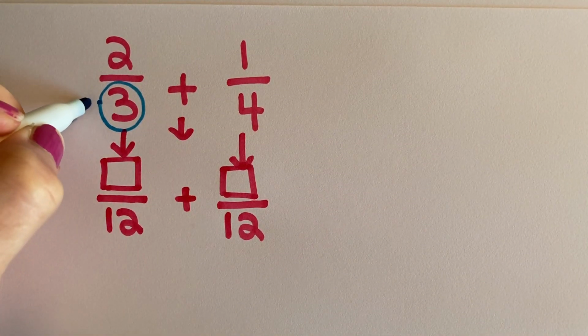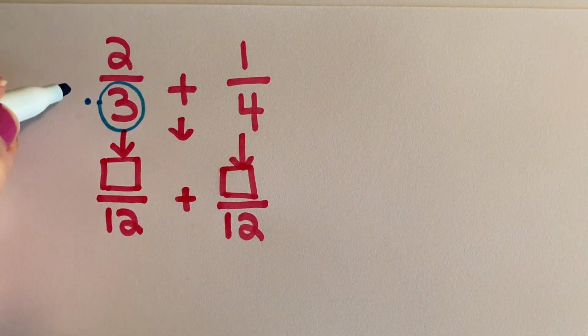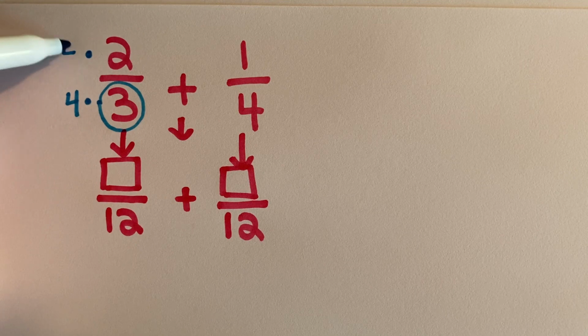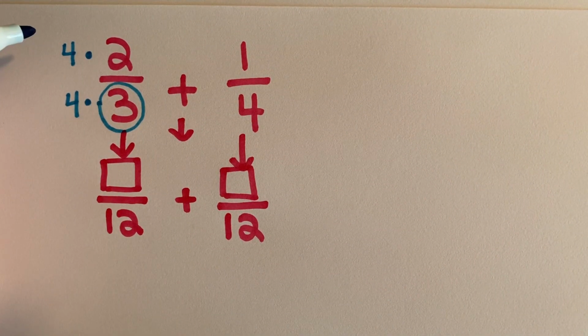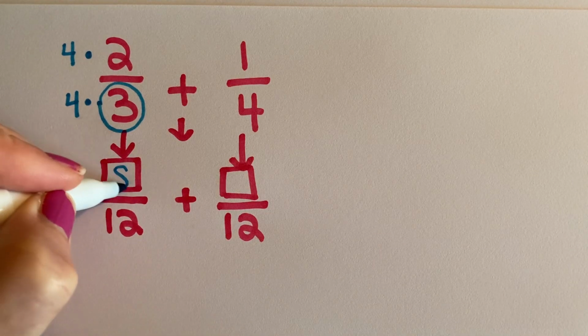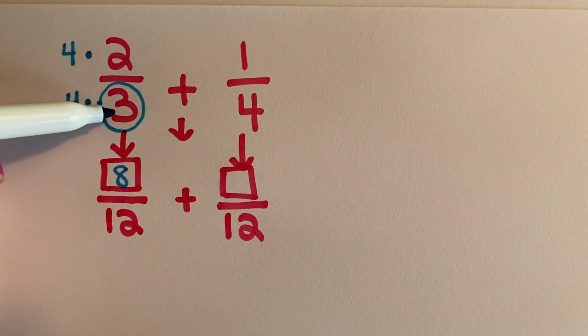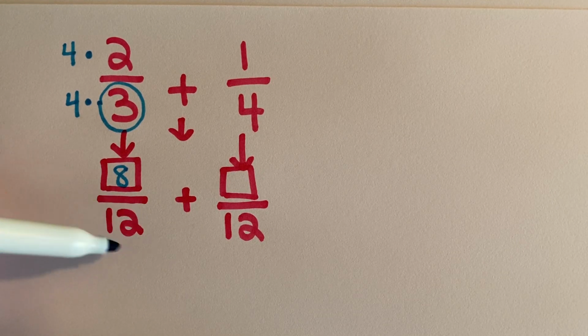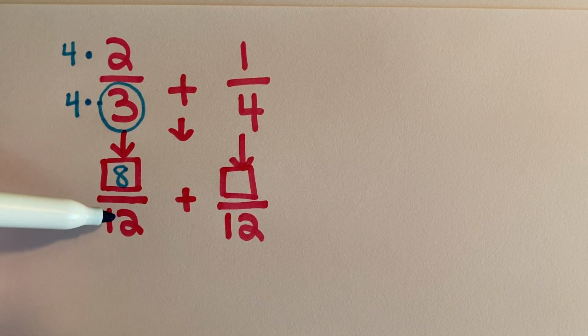What do we multiply by? Well, I hope you're thinking 4. And if we multiply the bottom by 4, we have to multiply the top by 4. We learned that when we learned equivalent fractions. Now 2 times 4 is 8. So 2/3 grown up to an equivalent fraction with a denominator of 12 will be 8/12.